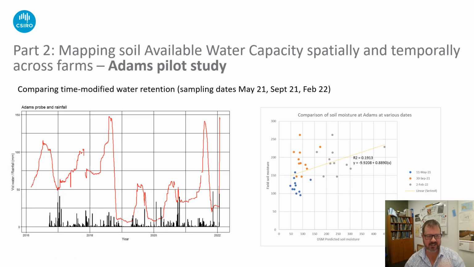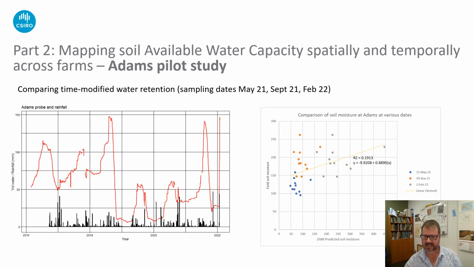Next, we take the probe signal, that's the red line here, and apply it across 3 dates. These are dates that Jake did his sampling, and we use the modifiers according to the normalized data. We applied that normalized data to the AWC from the mapping, and we plot the distribution.